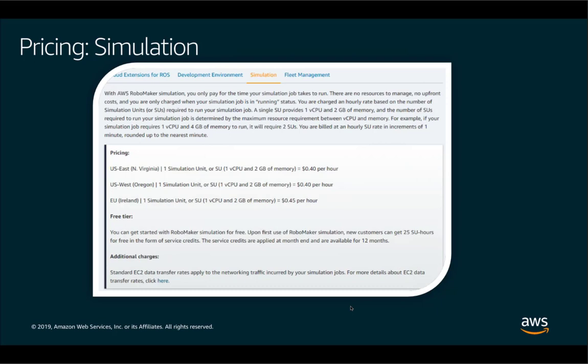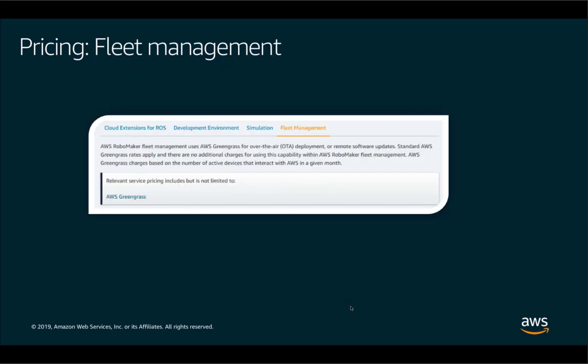Basically, one virtual CPU and 2 gig of memory is about 40 cents per hour in North Virginia. The fleet management again is free as well. But for the Greengrass service that you use, you're actually being charged for that. So that's really the pricing components for the different environments, also the components that we have for the AWS RoboMaker service.